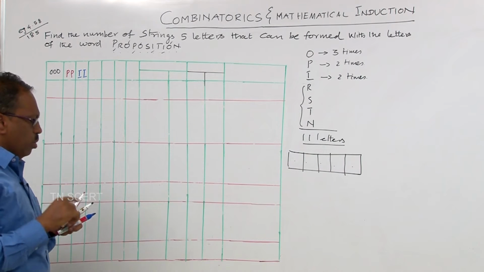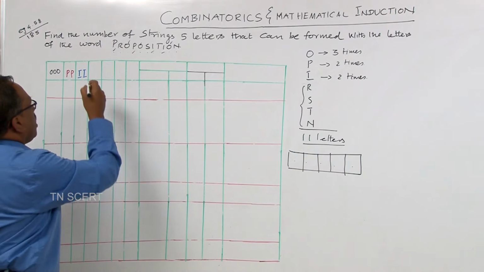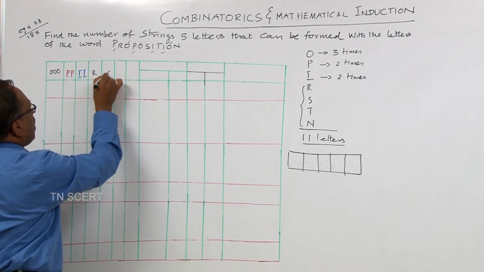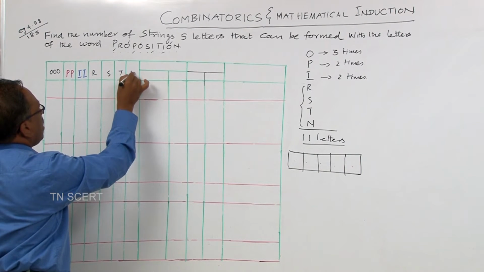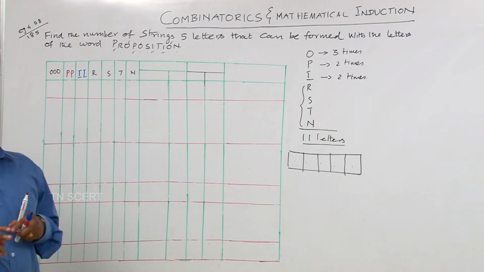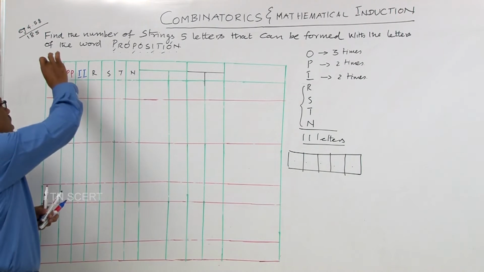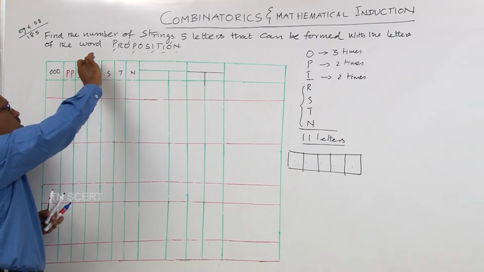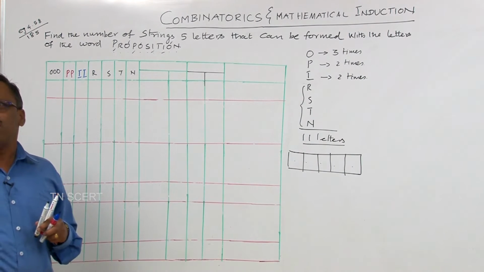And one more thing: here it may be R, or S, or T, or N. So now it's 3 times, 2 times, 2 times, and 1 time.